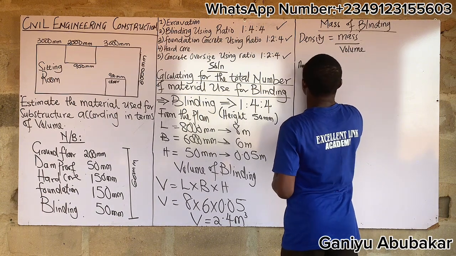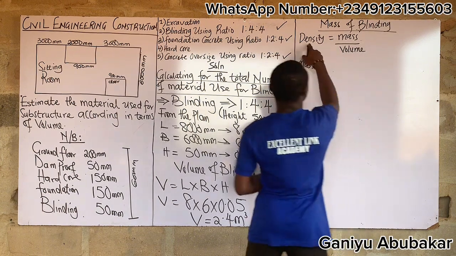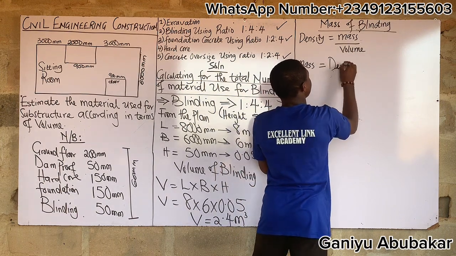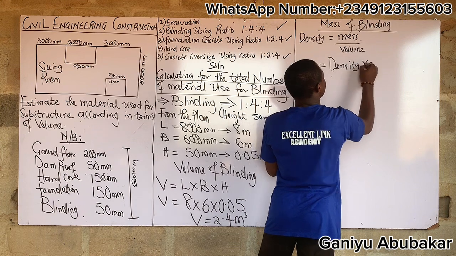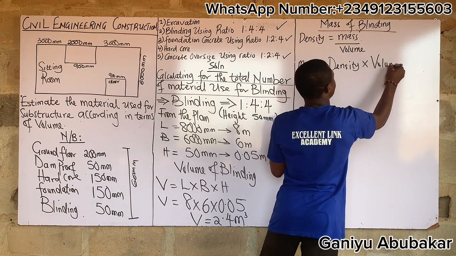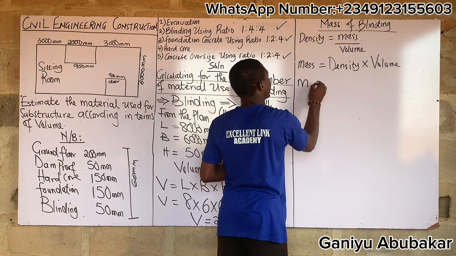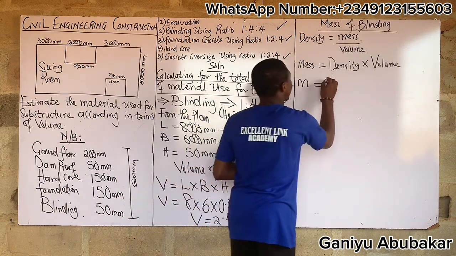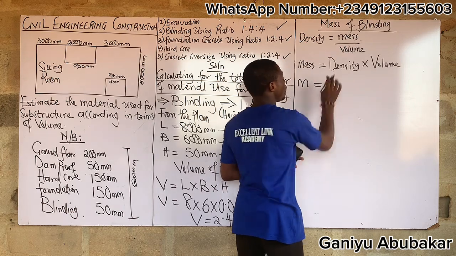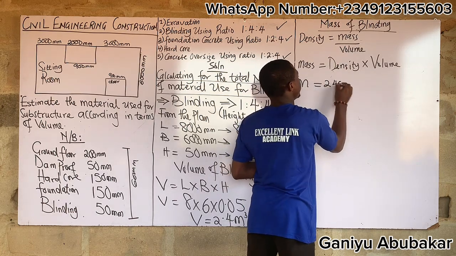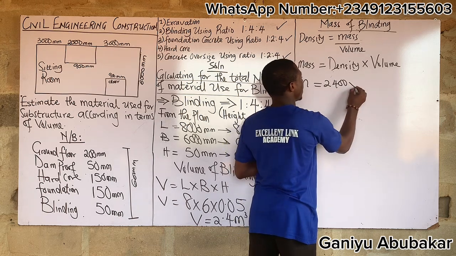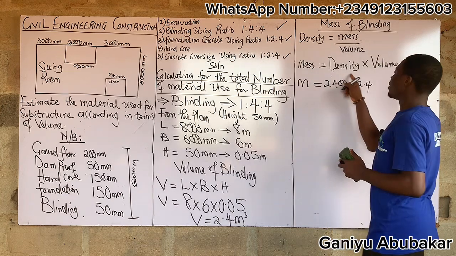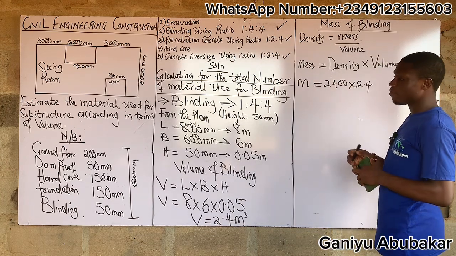So mass will be equal to density times volume. My mass m is equal to what's the density? Basically the density of concrete is usually 2400, a constant value, 2400, right? Times what's your volume? That's 2.4.